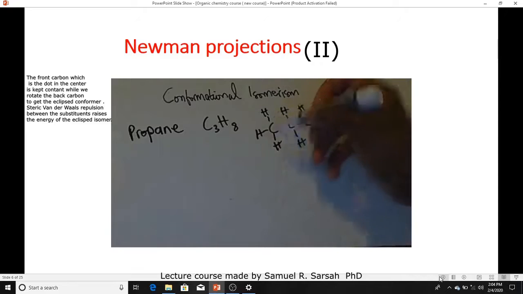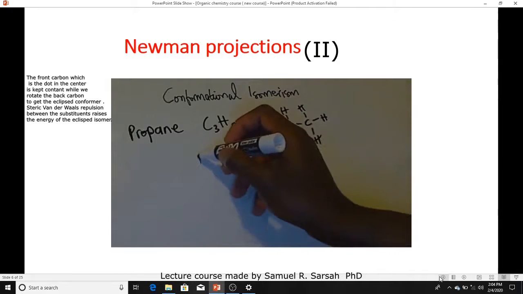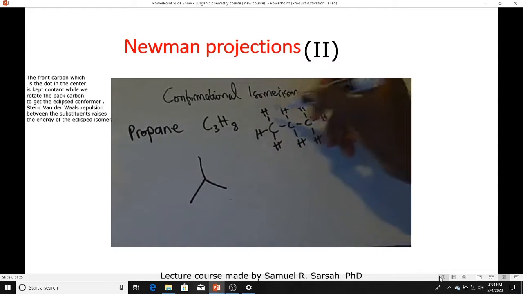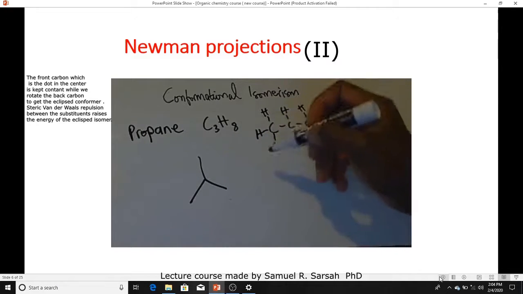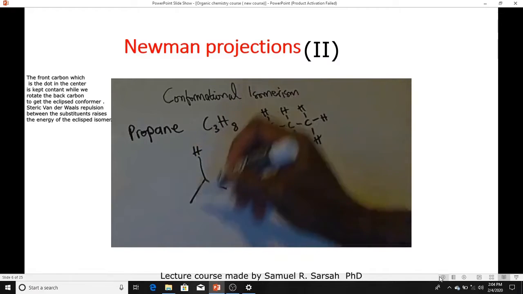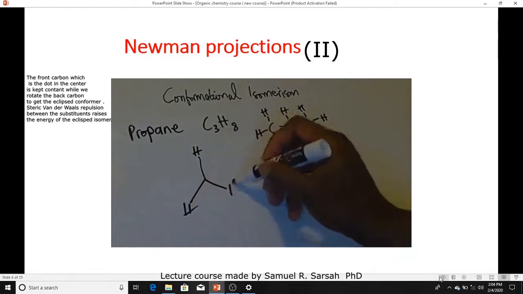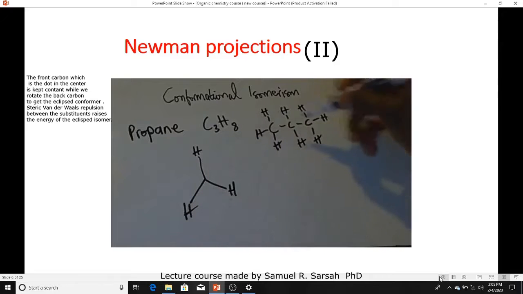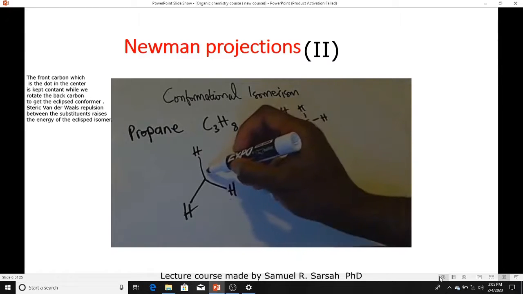So I'm going to use this as a front carbon. Now this carbon has 3 hydrogens, so I'm going to write them there. That means I will have to use this as a back carbon.